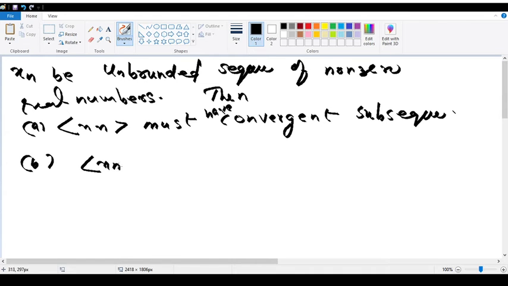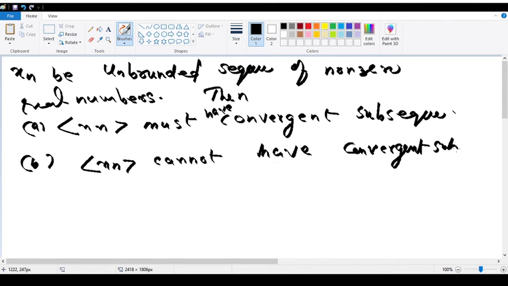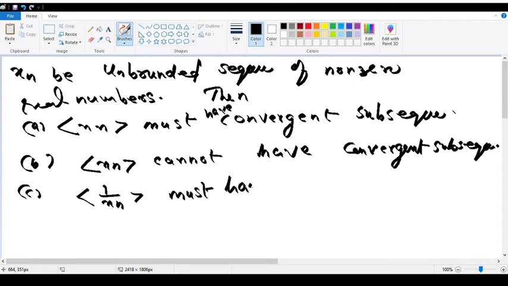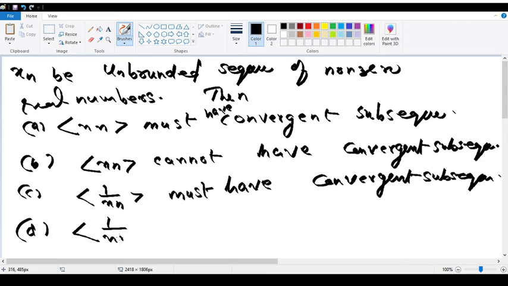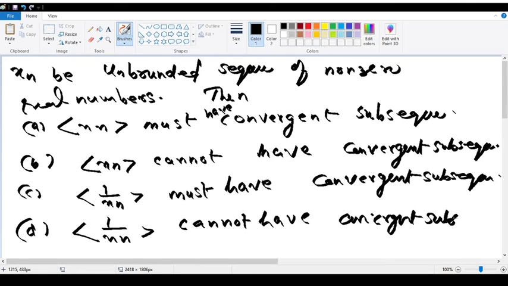B, xn cannot have a convergent subsequence. C, 1 by xn must have a convergent subsequence. Last option, 1 by xn cannot have a convergent subsequence. Which option is right?